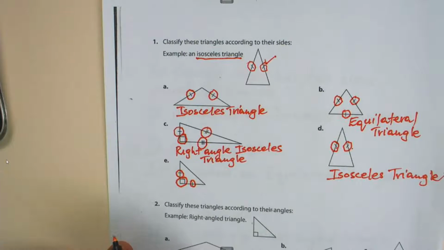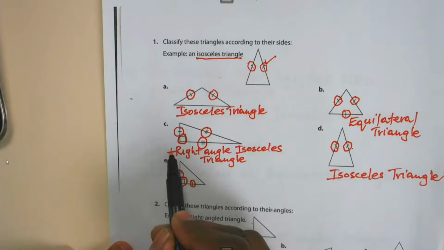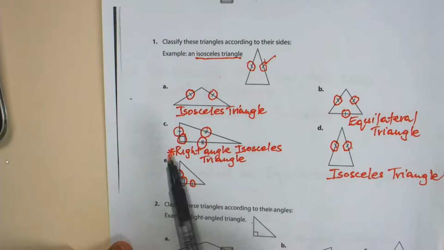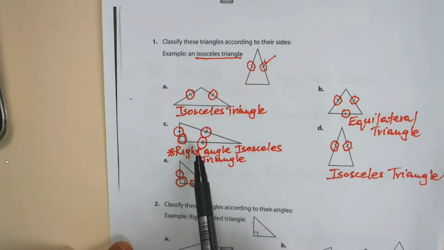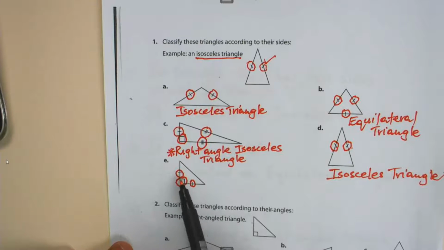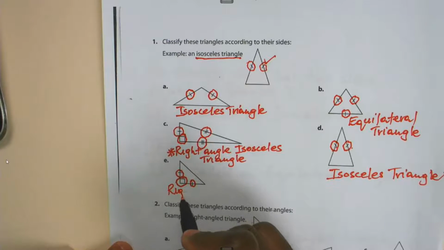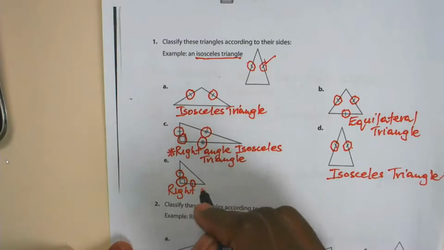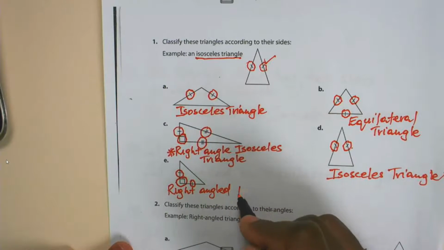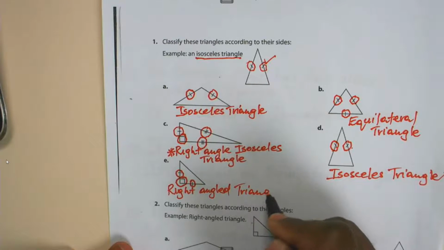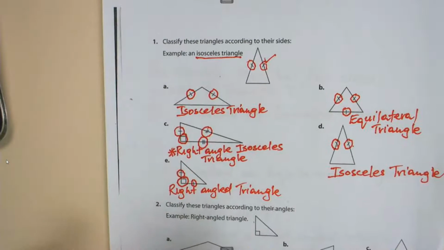So if it is like this, be careful, it is not the same as this one. Look at the differences. This one had 1 marking, 2 markings there, and 3 markings here. But with this one, there is only 1 and 1 and 90 degrees. So this is what we call a right angled triangle. Excellent, that's what you do when you are focused. Thank you very much. Right, guys, this is how we do it.